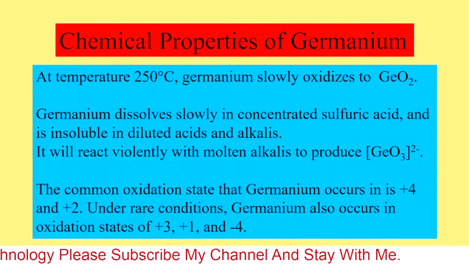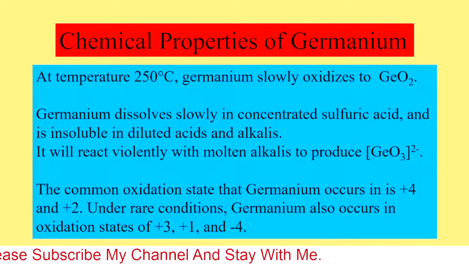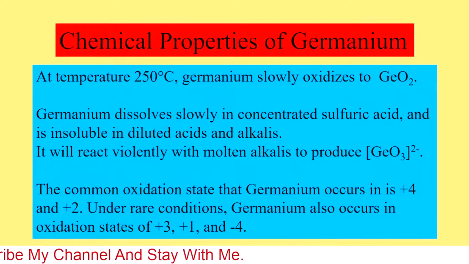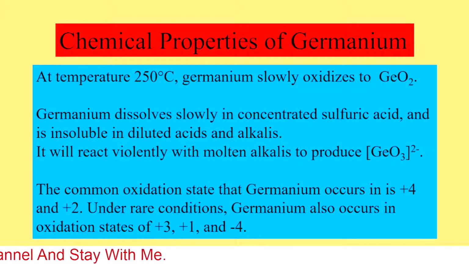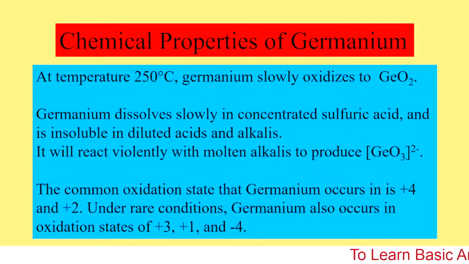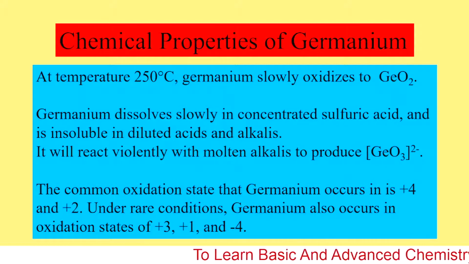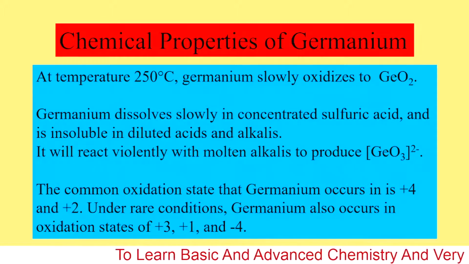However, germanium is much less reactive, therefore it does not react vigorously. It reacts very slowly with concentrated sulfuric acid and is insoluble in dilute acids and alkalis. That means dilute acids or alkalis have no effect on it.